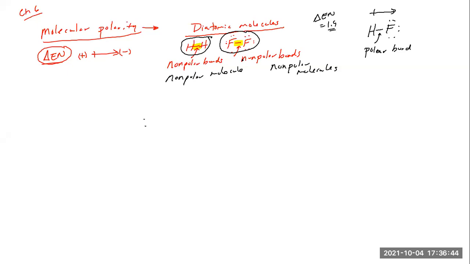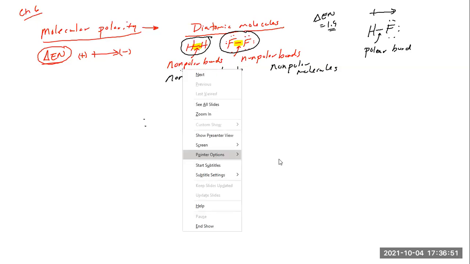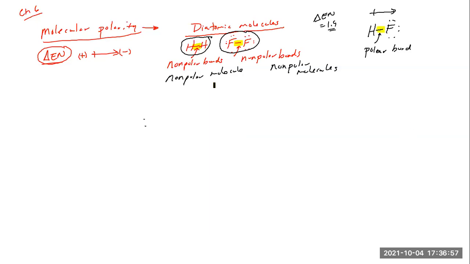And for the same reasoning, because this is a diatomic molecule and that one polar bond is the only bond in the entire molecule, we can make another pretty simple guess that this molecule is going to be a polar molecule.